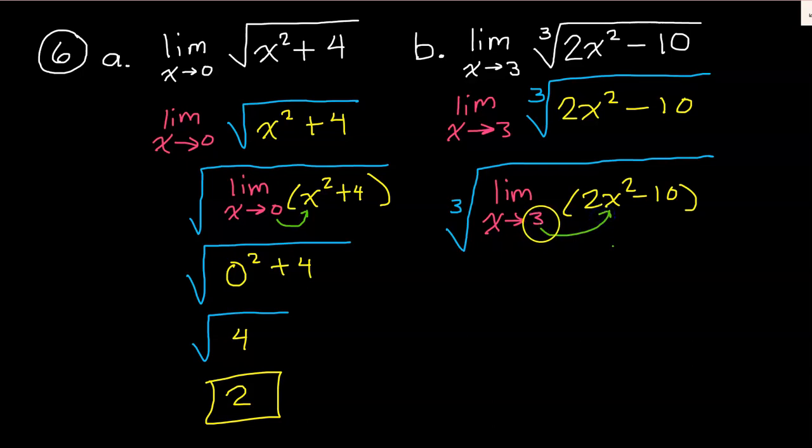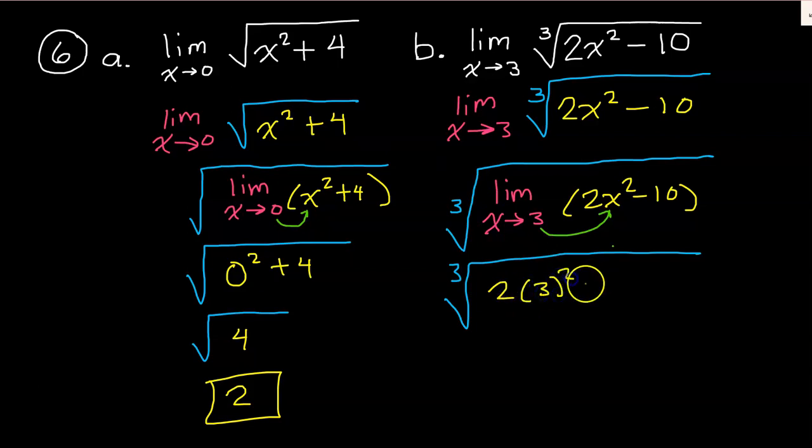So we are really just going to substitute 3 in for x. So we're going to have the cube root of 2 times 3 squared minus 10.